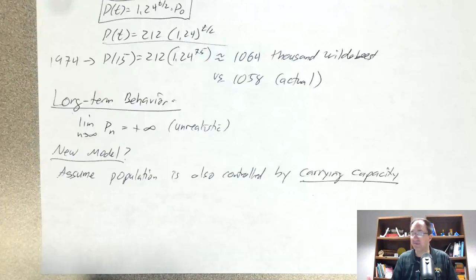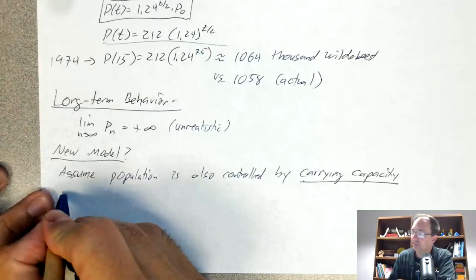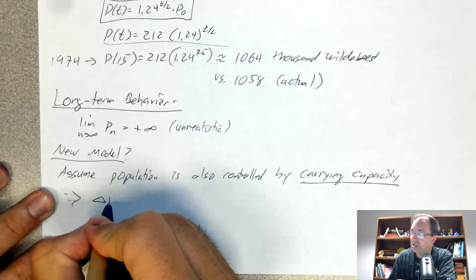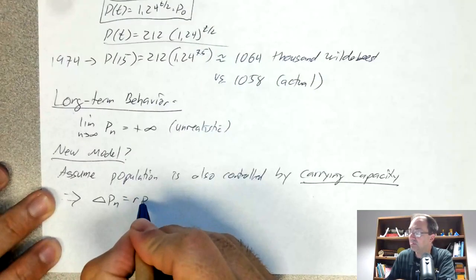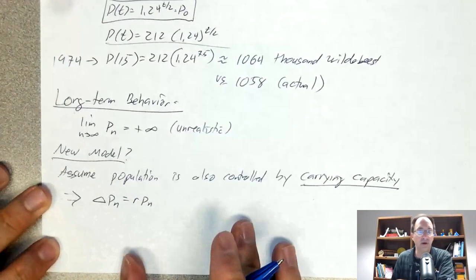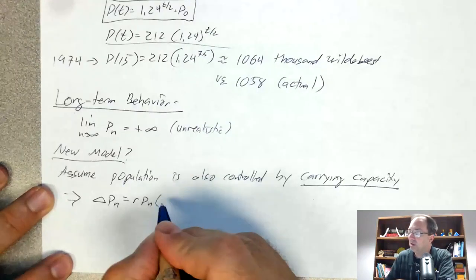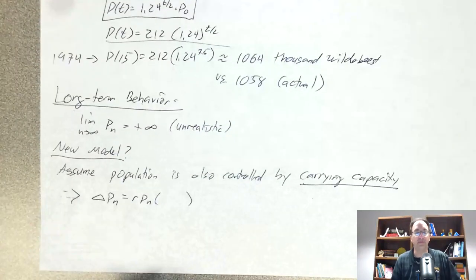But how do we express that mathematically? So mathematically, we're going to still keep with our difference equation idea, and we're still going to assume the proportionality is there with the current population, but we're going to add another term.